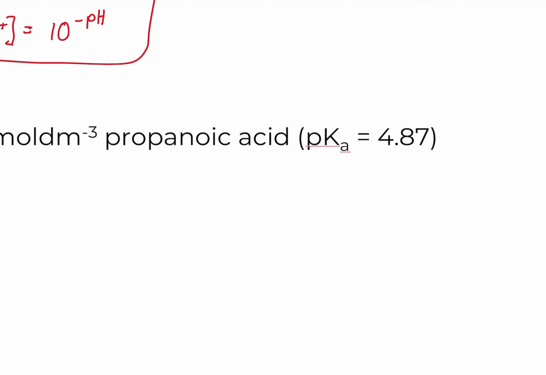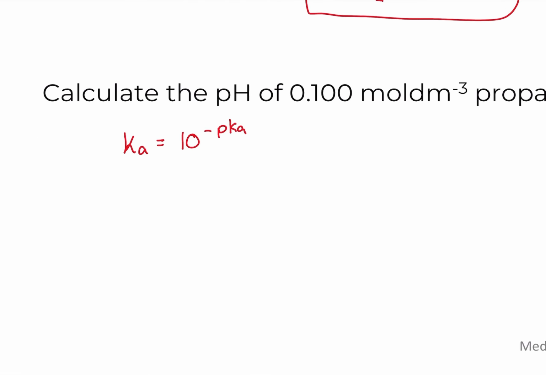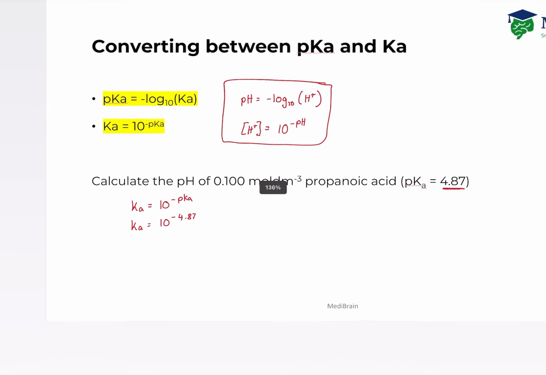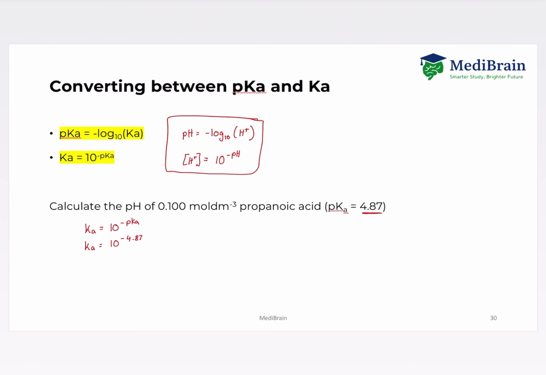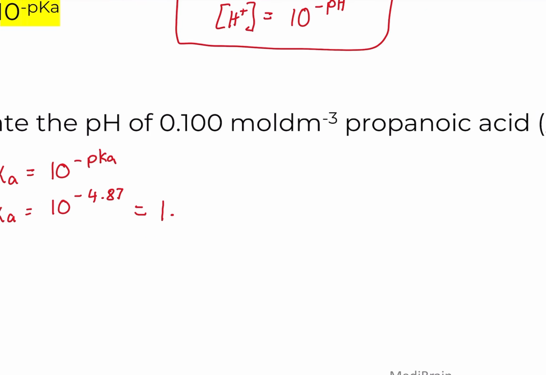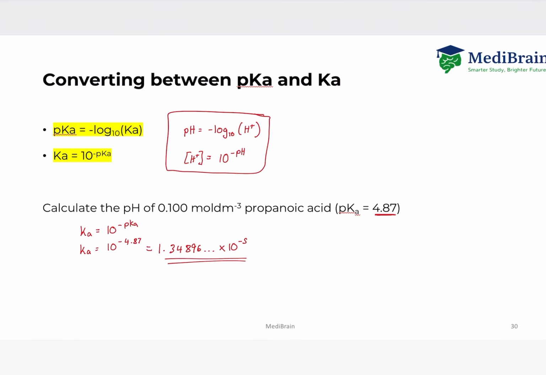We're given pKa to be 4.87, so Ka equals 10 to the power of negative 4.87, which is going to be equal to 1.34896 multiplied by 10 to the power of negative 5. That's our Ka. And now we know our Ka, and we know the concentration of propanoic acid.